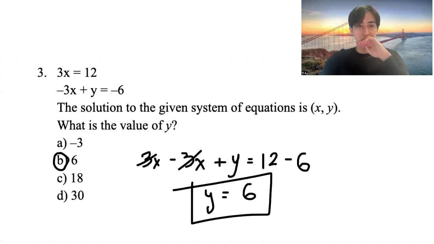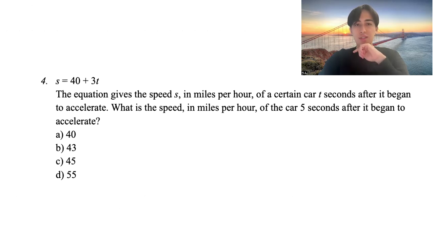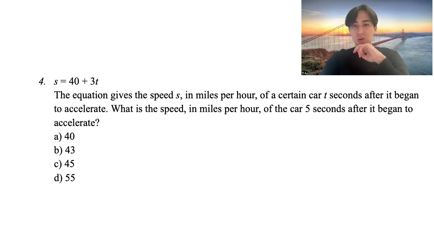Number 5. The equation gives the speed S in miles per hour of a certain car t seconds after it began to accelerate. What is the speed in miles per hour of the car 5 seconds after it began to accelerate?